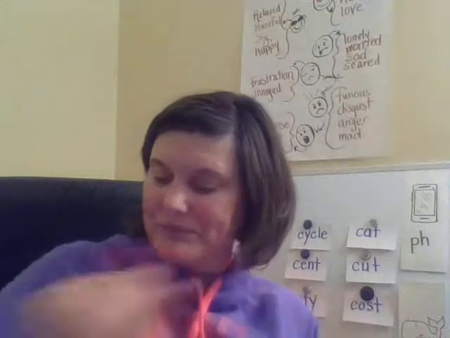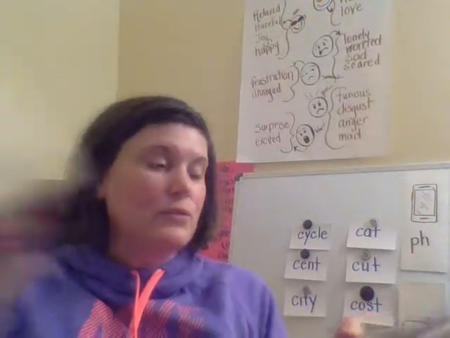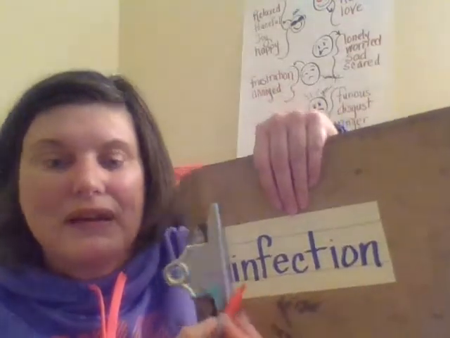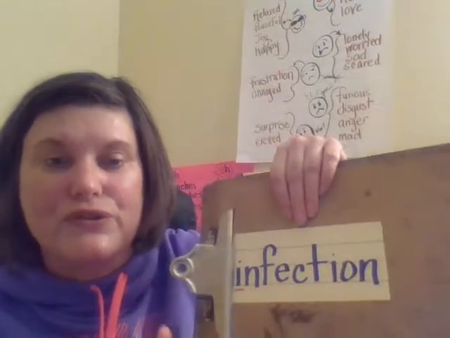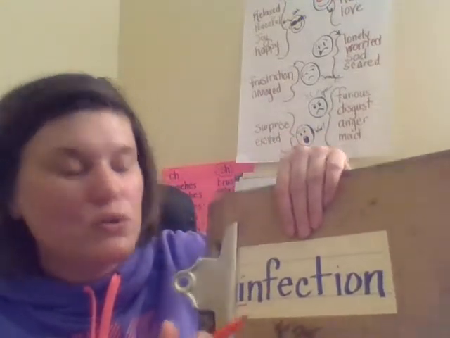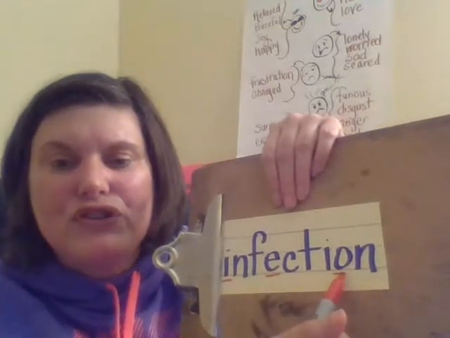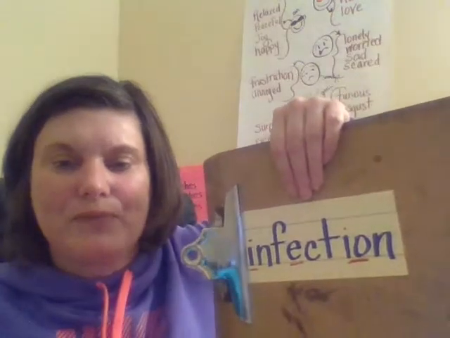Okay, let's look at this next one and apply the rules we've learned about syllables. So we've got a vowel here. Remember, the first step is to find your vowels. We have a vowel here, and we have these two vowels, okay? But these are working together, okay?